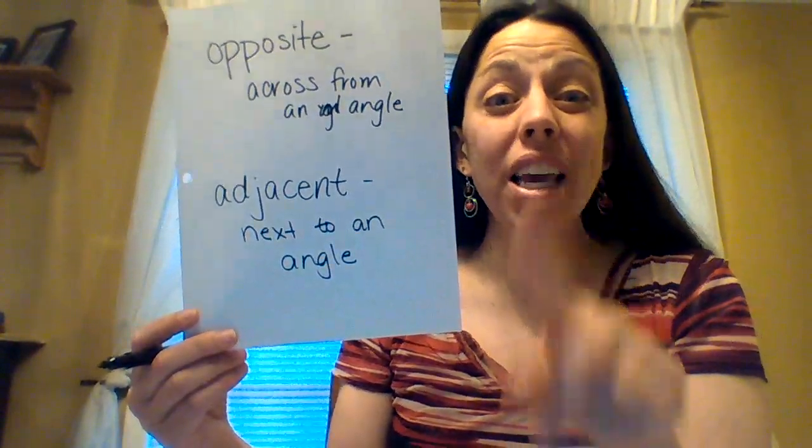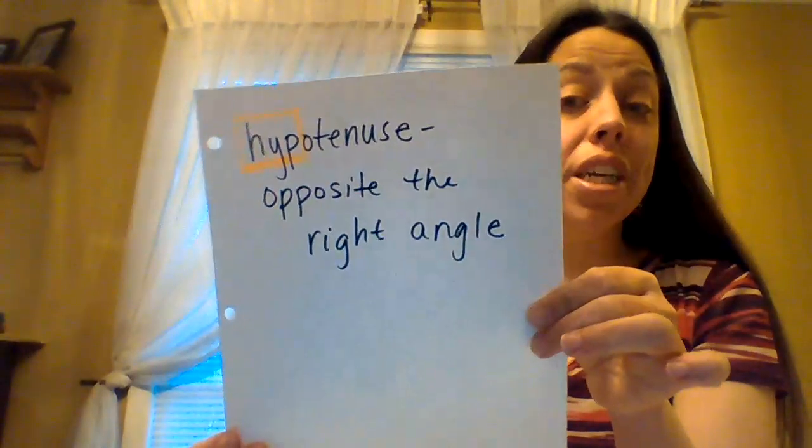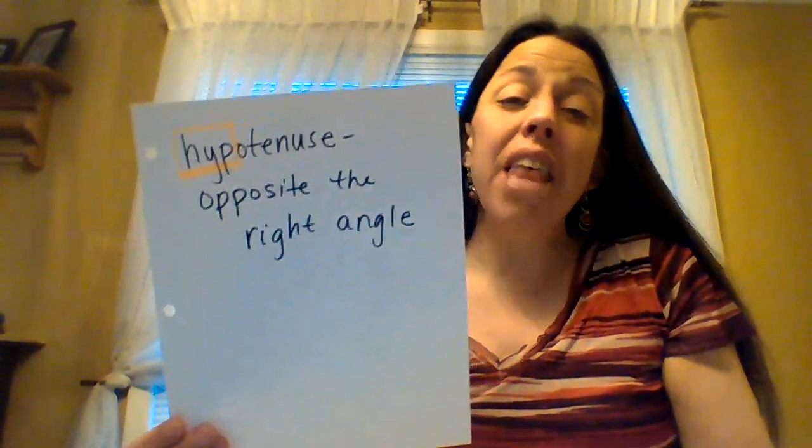But the important thing is one of the words is the most important word in a right triangle. The most important word, the word that has the most importance, is the word hypotenuse. That's why I already wrote that on my triangles in black, because no matter what angle you are looking at, the hypotenuse always has to be opposite of the right angle. And so we already have that drawn in, okay?